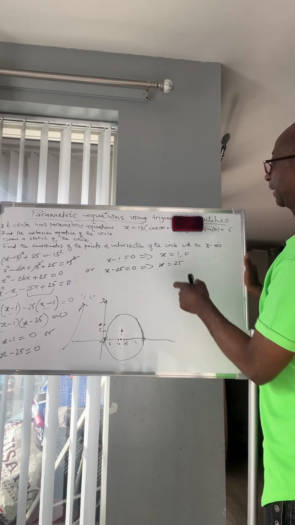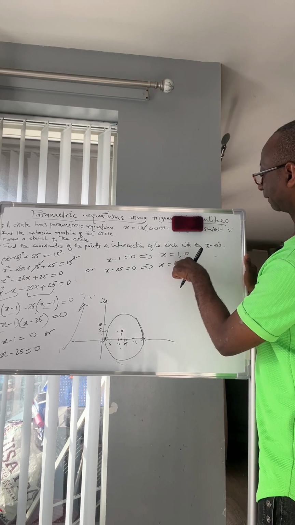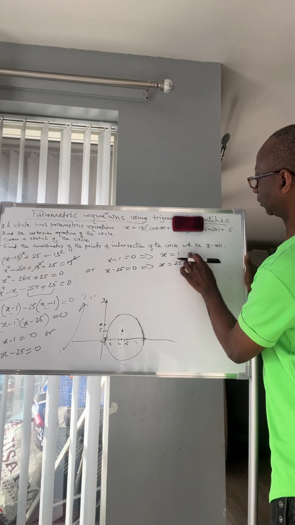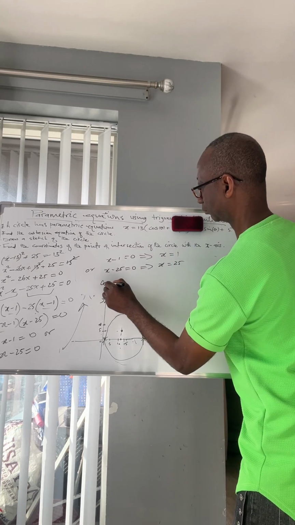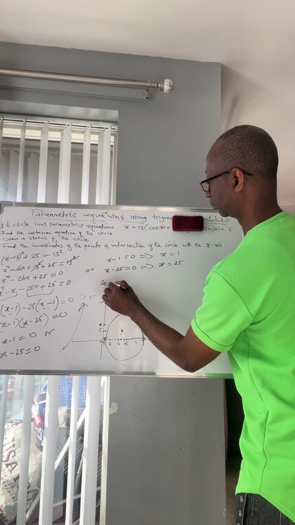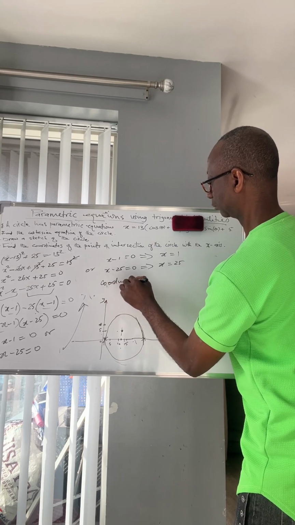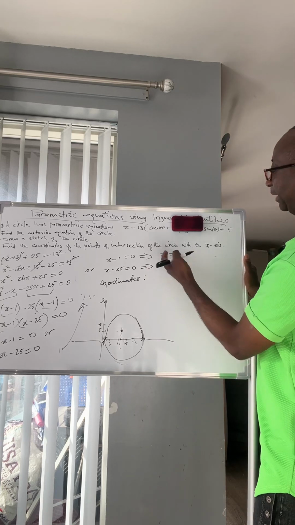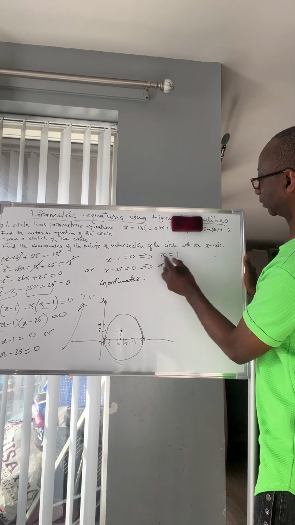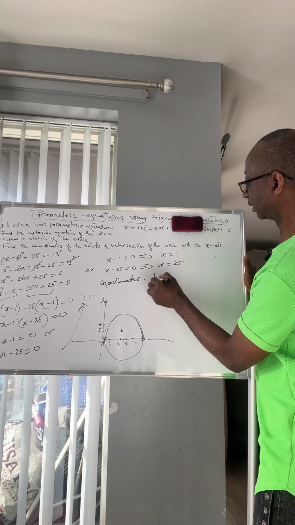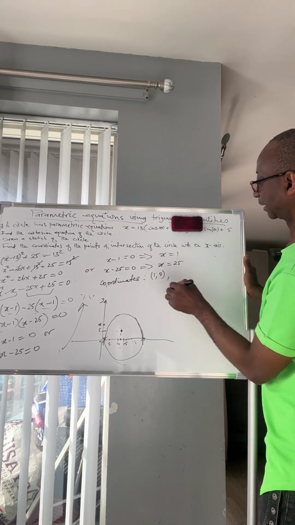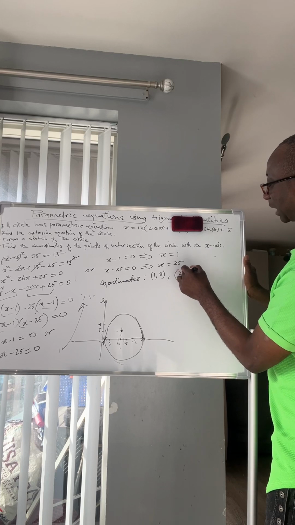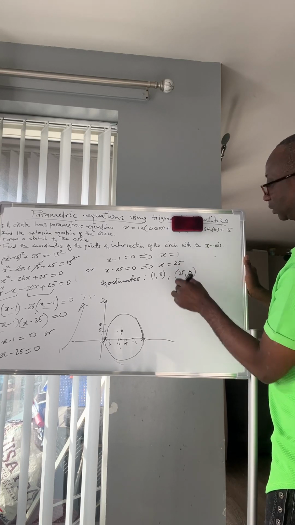We mentioned that earlier. So here we have 1, so this is going to be (1, 0), and again the x is 25 and y is 0 at this point.